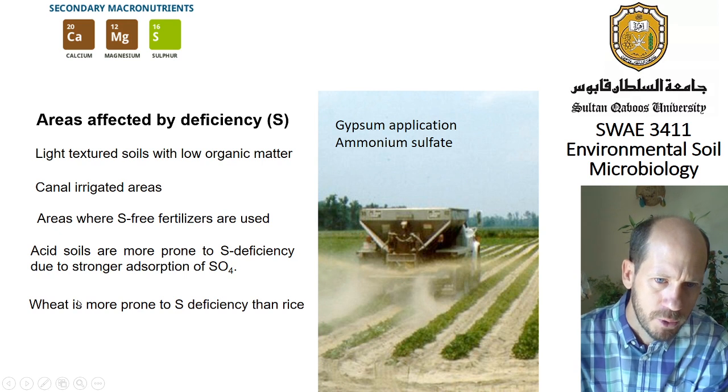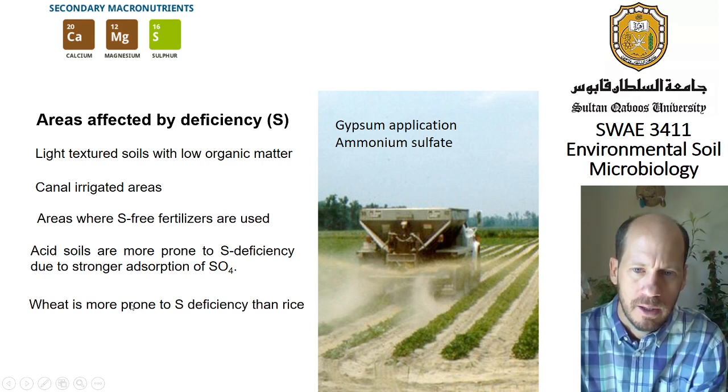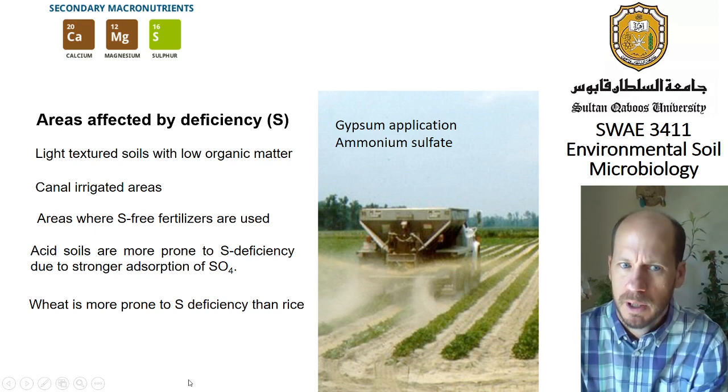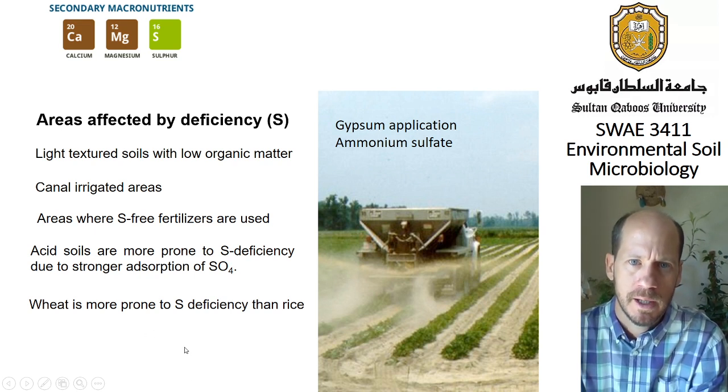Then you will have more reducing conditions and more leaching, for example in rice systems. When you have very low organic matter in general, you will expect sulfur deficiency, because most of the sulfur in soils is tied to organic matter.